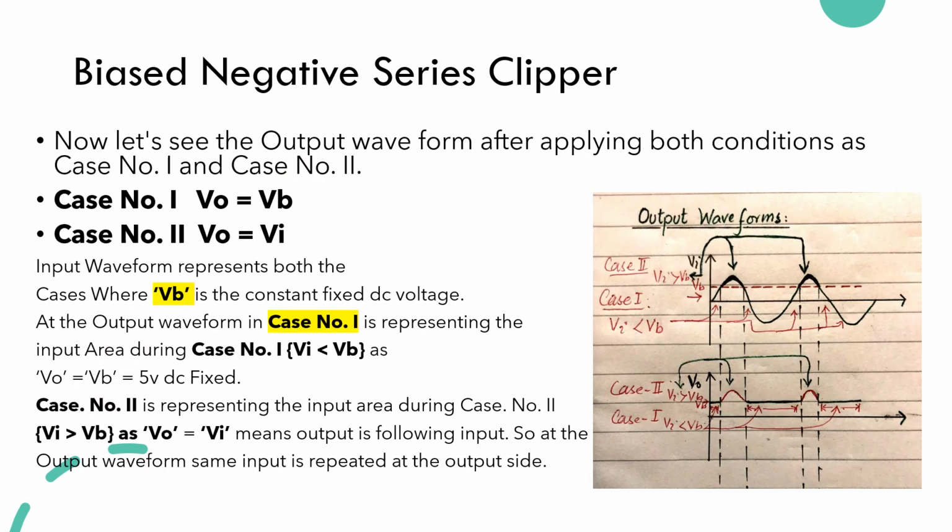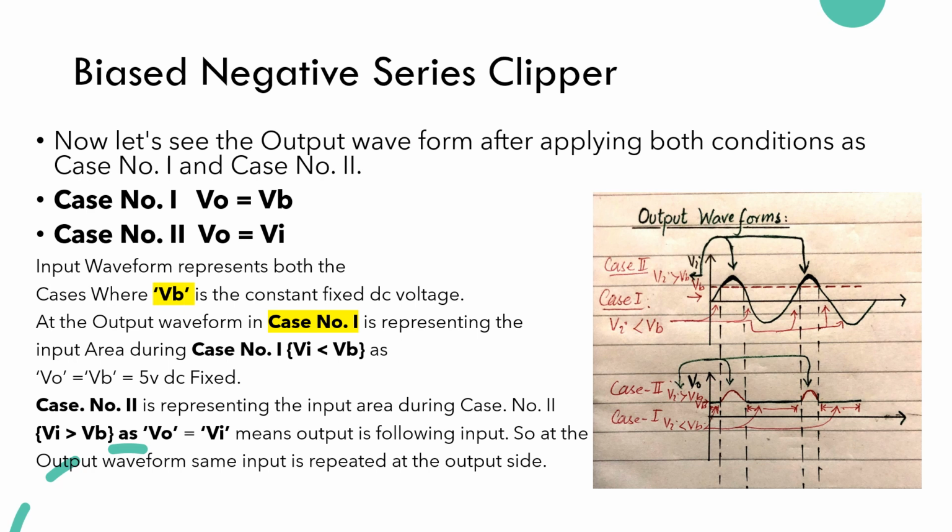Now let's see the output waveform after applying both the conditions in the biased negative series clipper. In case number 1, the output voltage is equal to the battery voltage Vb. In case number 2, the output voltage follows Vinput.